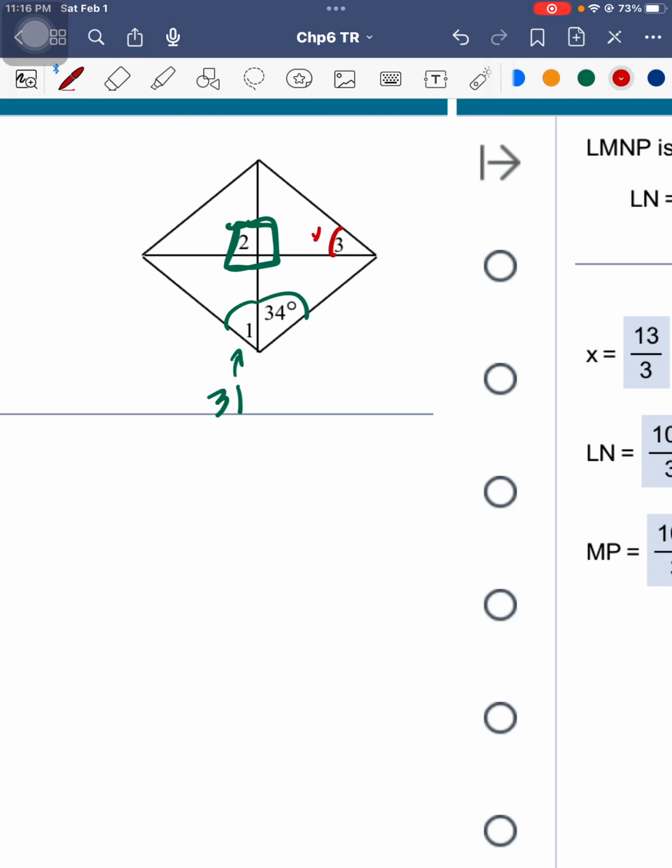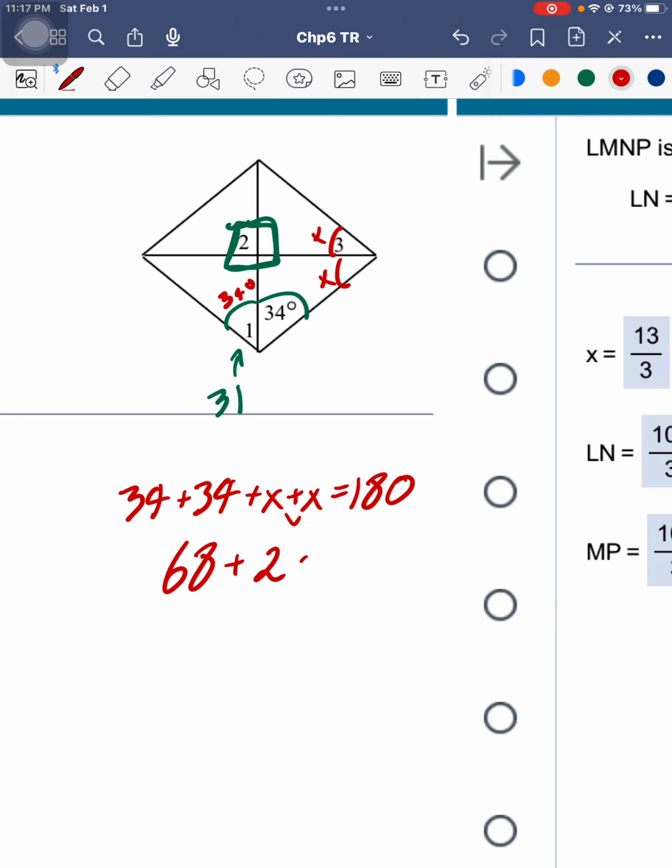So let's put this is x, and now this is obviously 34. So it's pretty much just 34 plus 34 plus x equals 180. 34 plus 34 is what? 68. 68 plus x is 2x. 180.